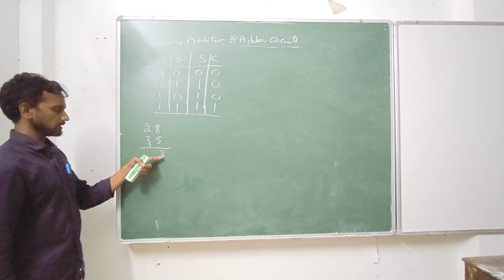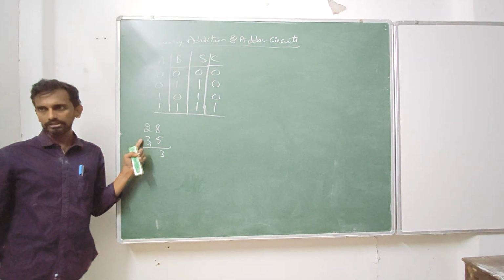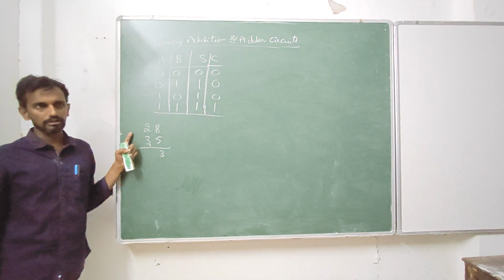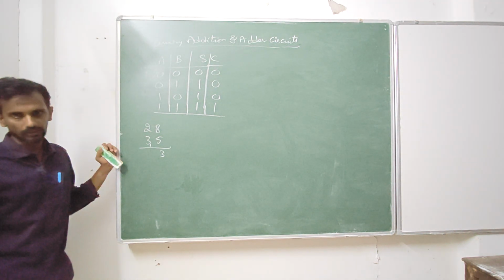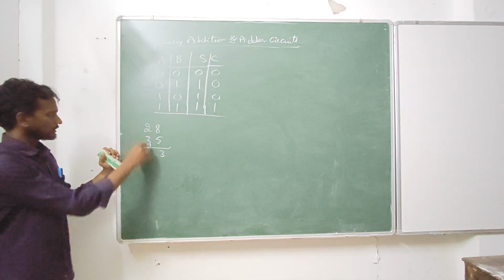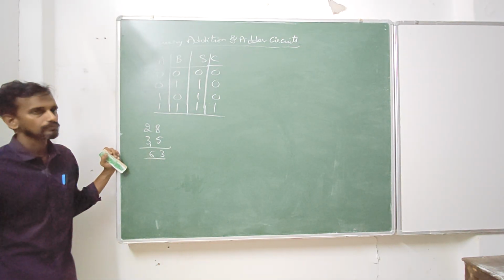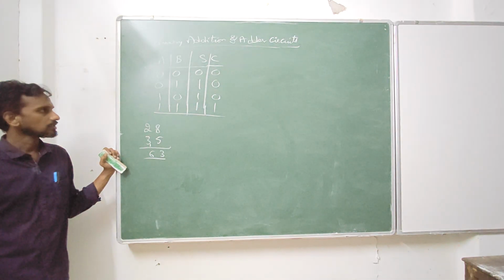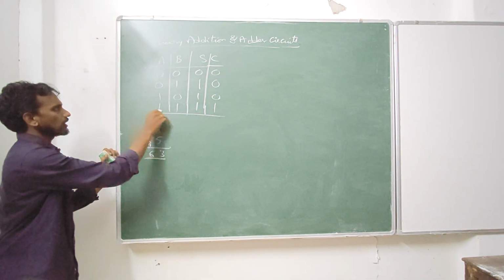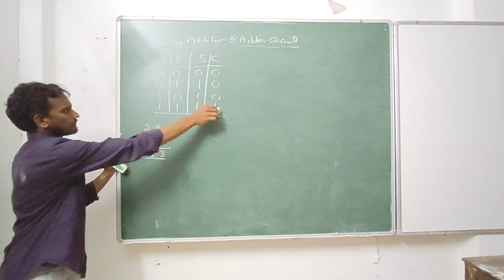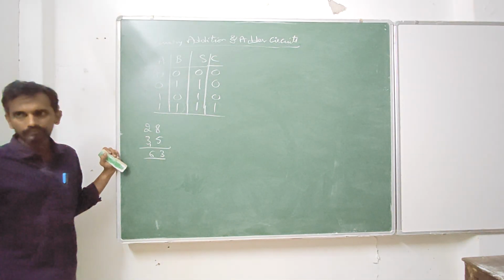So you write the sum as 3 here and carry 1 will be sent to the next level. So here the result is 63. Like that, here also when you are adding two binary numbers, you get a sum as well as a carry.